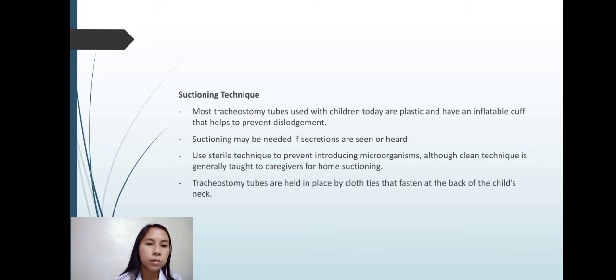Most tracheostomy tubes used with children today are plastic and have an inflatable cuff that helps to prevent dislodgement. Suctioning may be needed if secretions are seen or heard. So use sterile techniques to prevent introducing microorganisms.